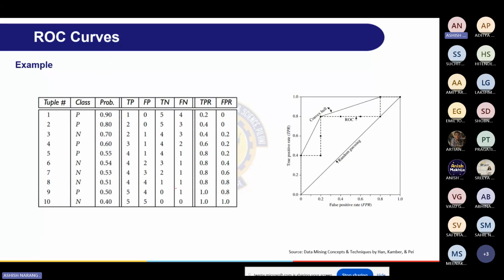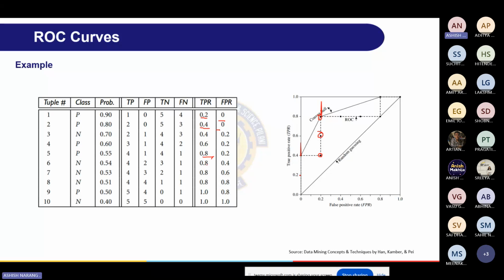Look at this, the same thing we've drawn. We initially started with 0.20, 0.40, then 0.4, 0.2, then 0.6, 0.2, then 0.8, 0.2. You see, it is closer to the perfect point, and this is the convex point, the best point.